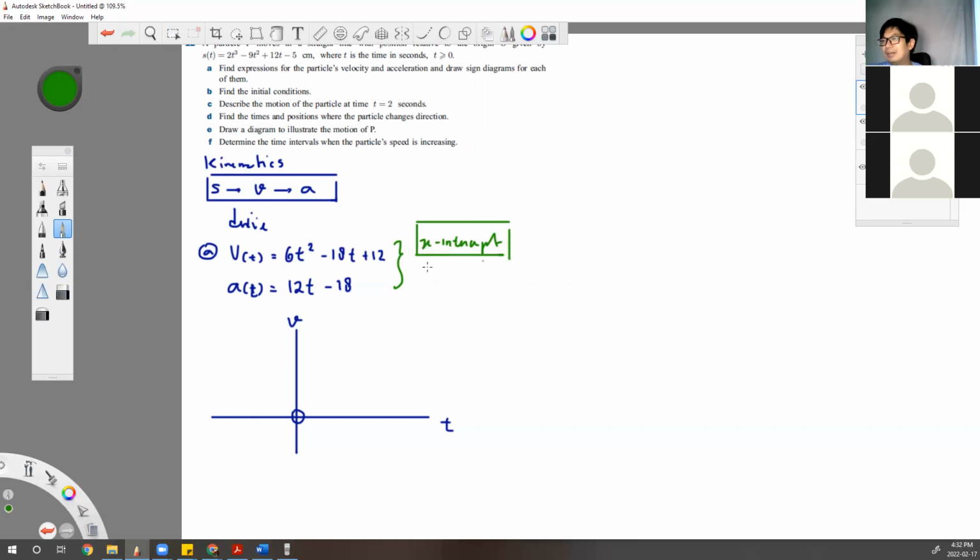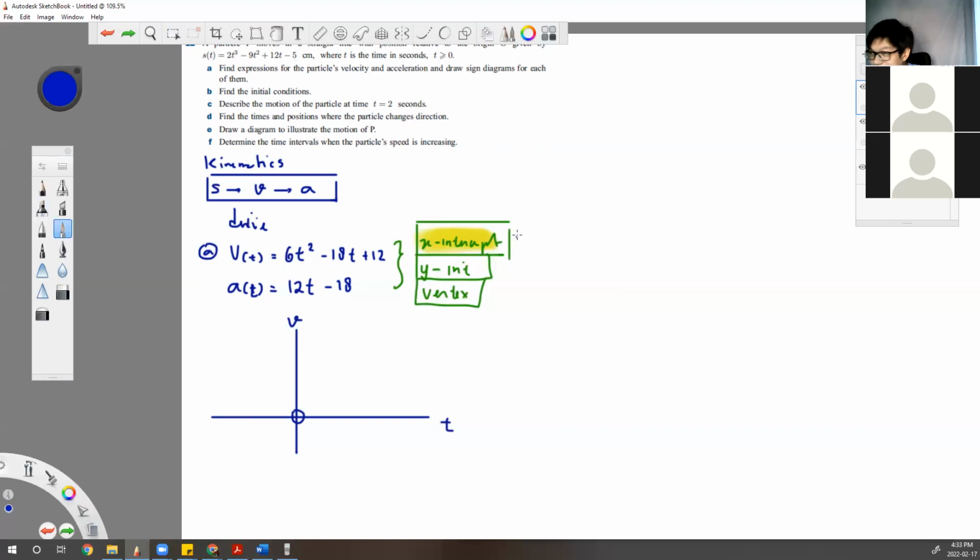If you draw, you have to find the y-intercept and then the maximum and minimum point or the vertex, right? Remember this? But for making the sign diagram, you only need the x-intercept, or y as 0. So focus on v first, on the velocity.